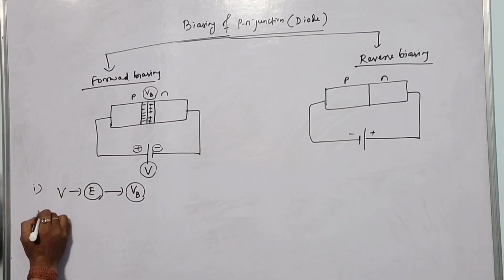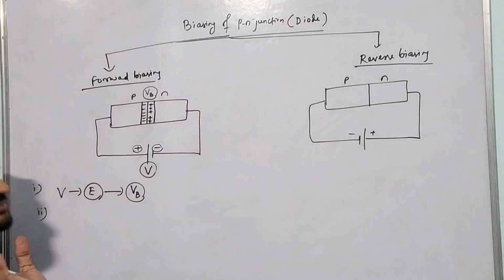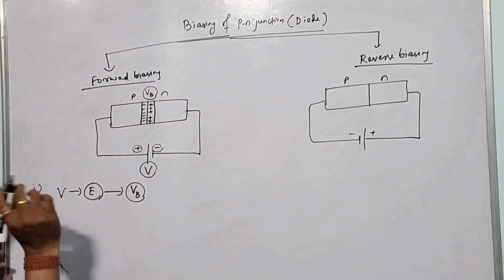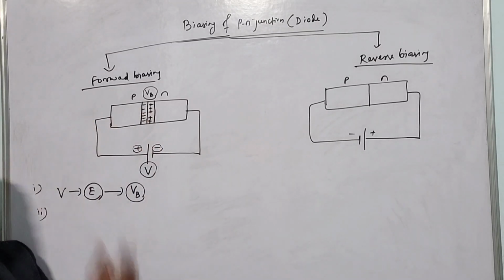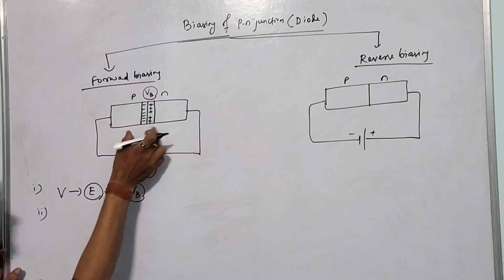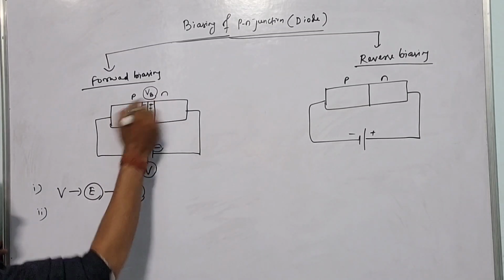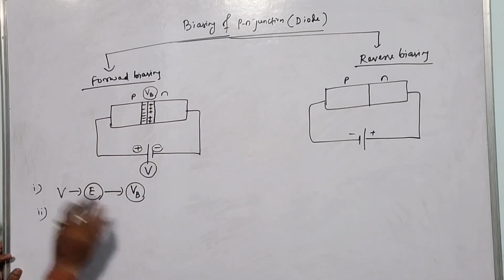First point clear. Second point, since the value of potential barrier is very small, a very small amount of energy, or a very small amount of potential difference, is required to eliminate that junction or layer. Is it clear?